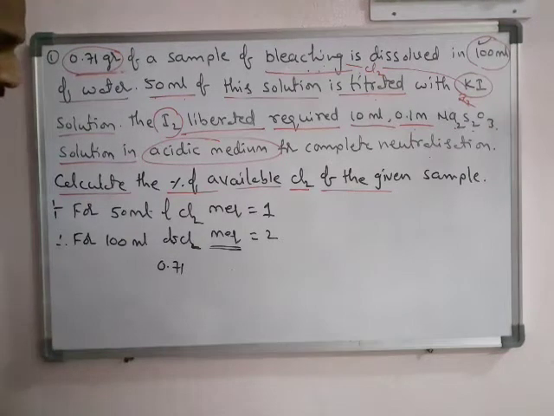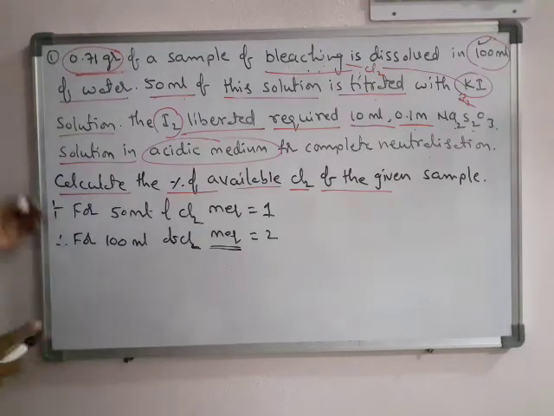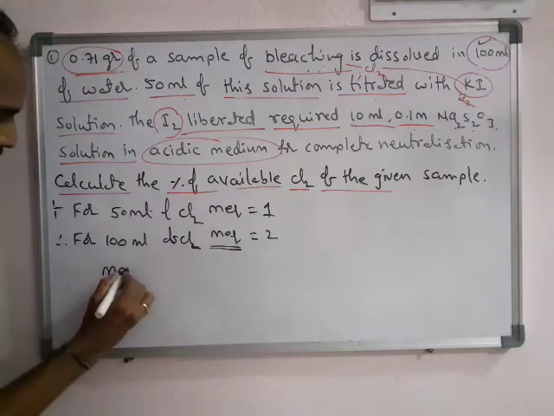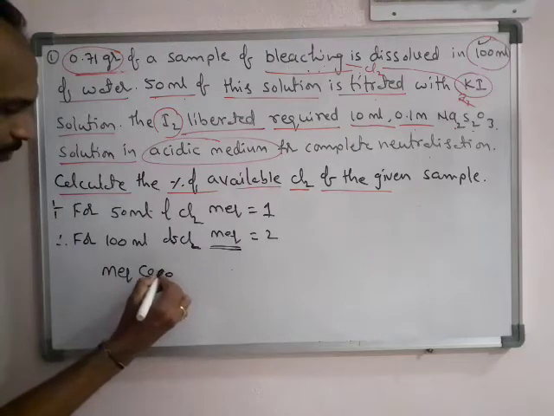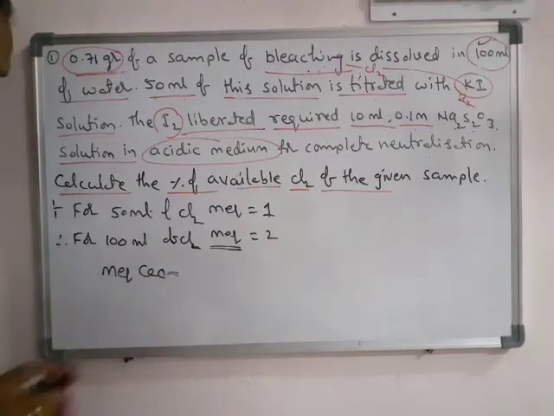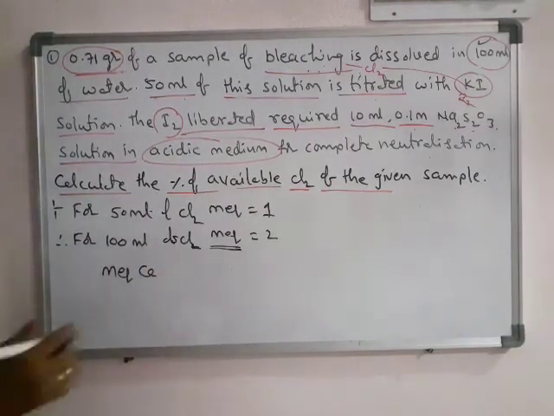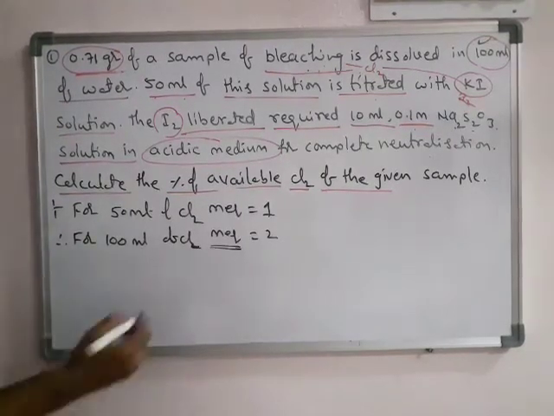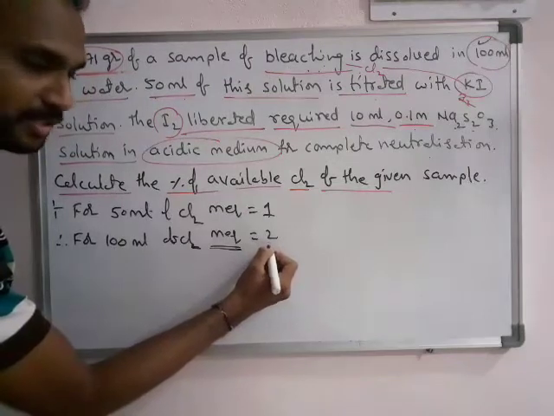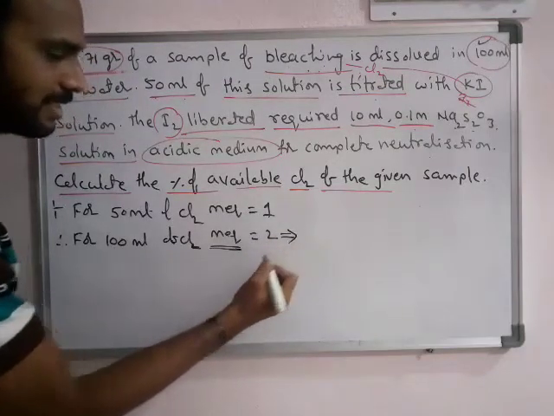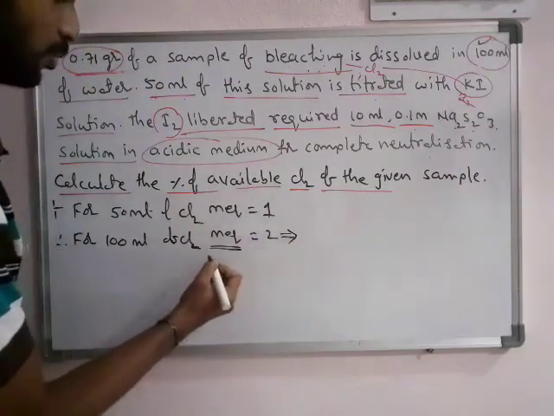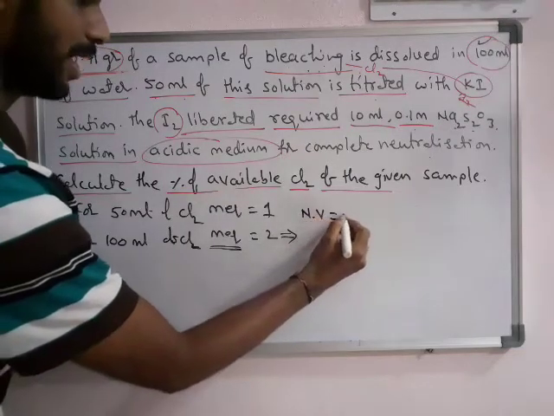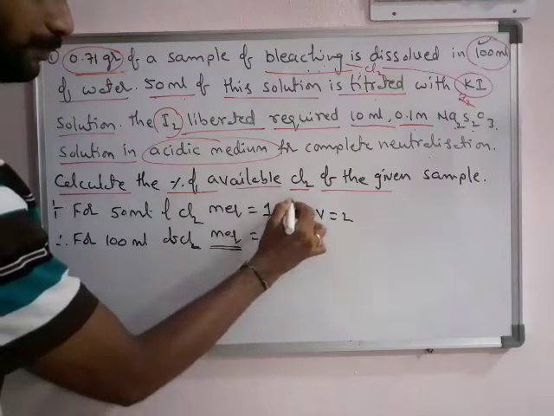The important thing is milli equivalence of chlorine equals 2. It is calculated that milli equivalence of chlorine is equal to 2. So we can write it now. What is the milli equivalence? Normality into volume is equal to 2.